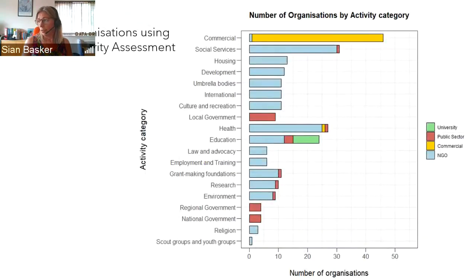They also operate in quite a range of areas, from social services and health, which are quite big. Education also is quite a big non-profit activity area. But there are also grant makers, all different kinds of government organisations, culture, religion, all sorts really. So it's quite a mixed bag in there.